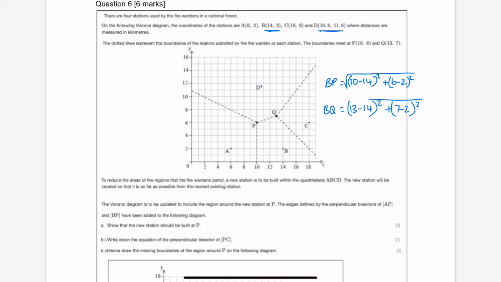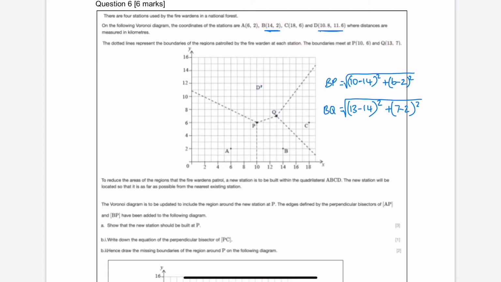So these are both formulas just found in the formula book for the distance between 2 points. So all I'm doing here is taking, for B and P, 10 minus 14, 6 minus 2, and then doing the same for B and Q, so 13 minus 14 and 7 minus 2.